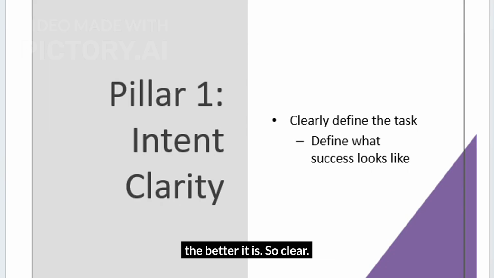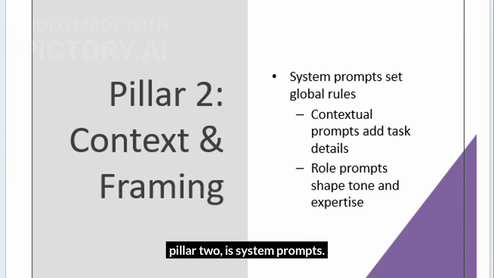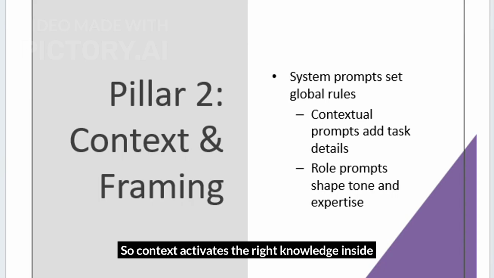Clearly define the task, and define what success looks like. Pillar 2 is context and framing. A system prompt sets global rules, and context activates the right knowledge inside the model. Changing the role or framing can completely change the output quality.